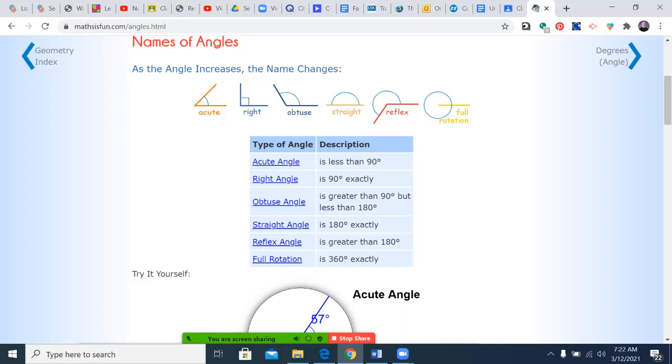And if you think back a while in our enrichment, when we did supplements and complements, with the straight one it came out to 180 degrees. So if there was an angle here, this plus this was 180. And with the right ones, it was 90.